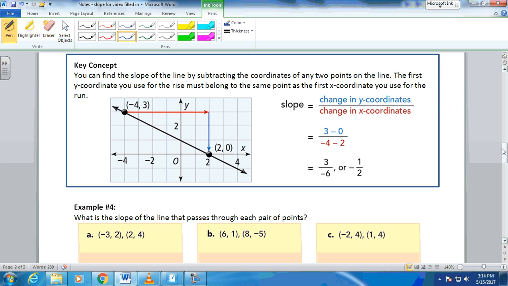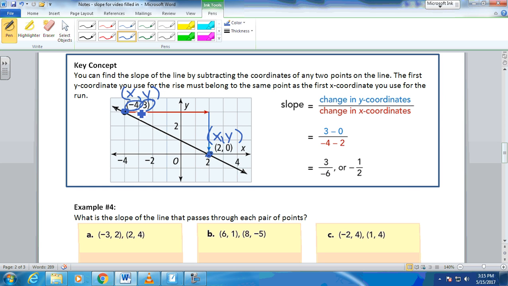So what they're showing to us here is that if we chose this point and this point, for the change in y coordinates, so let's remember that our x and y coordinates always go x, y, and this is the x and this is the y. They first chose the 3 from here. That meant that when they went to subtract their x's, they had to choose this one first as well.